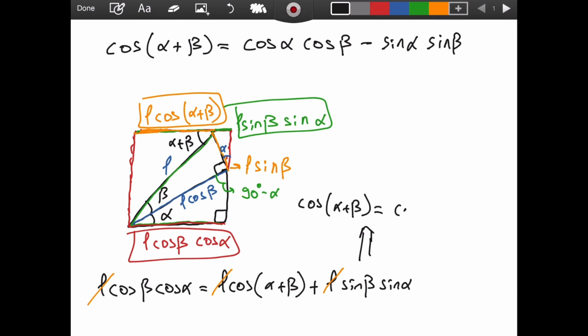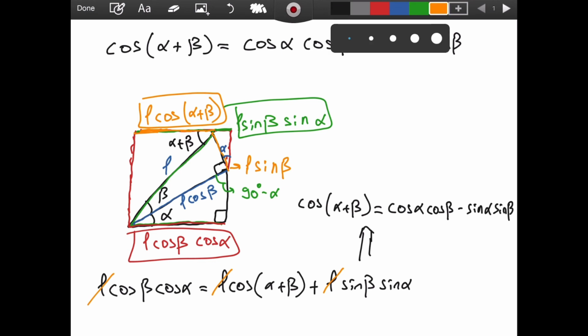On the other, we will have cosine of alpha, cosine of beta, minus, I am subtracting the term that we subtracted from both sides, sine of alpha, sine of beta.